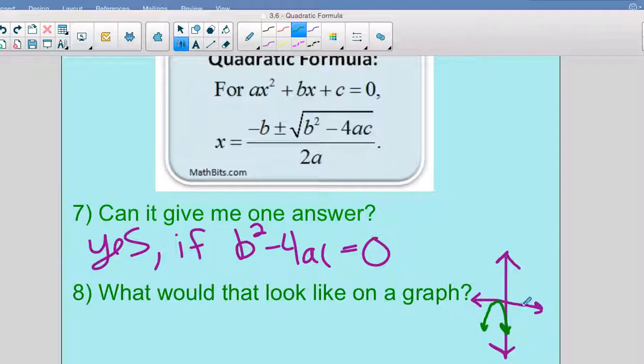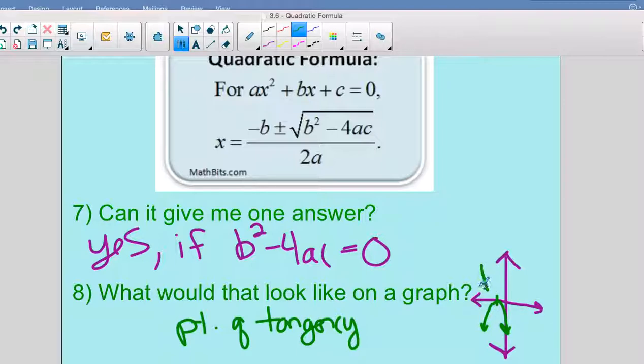It could open up as well and have the bottom touch of it, but that only intersects the x-axis once, whatever that point is, and that is what we call a point of tangency.